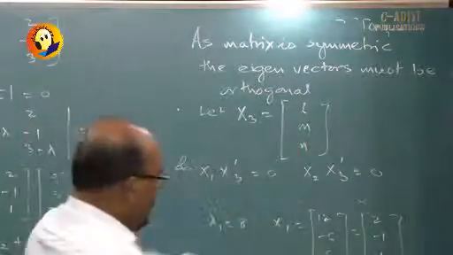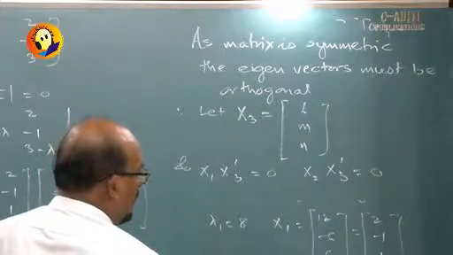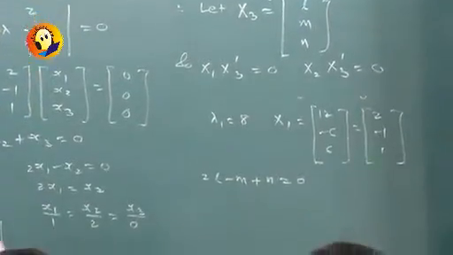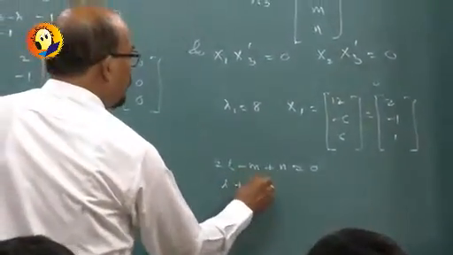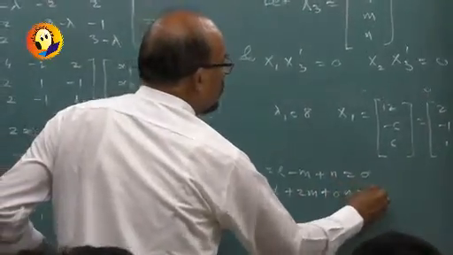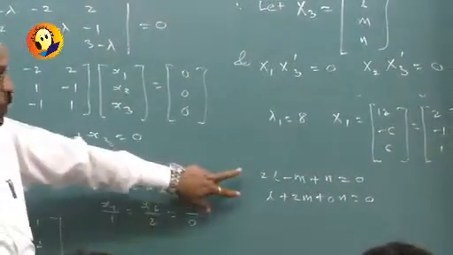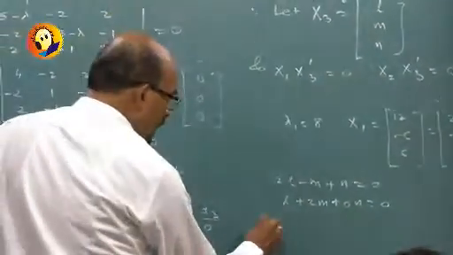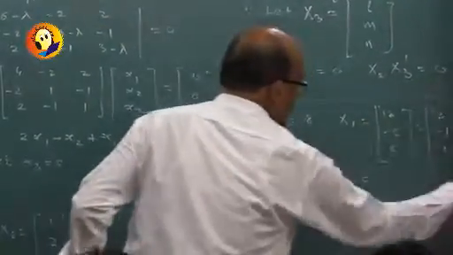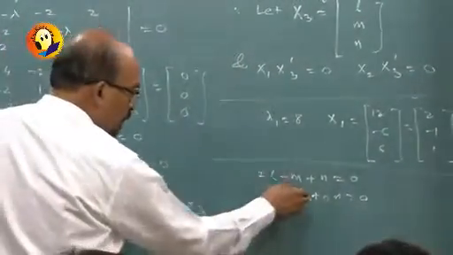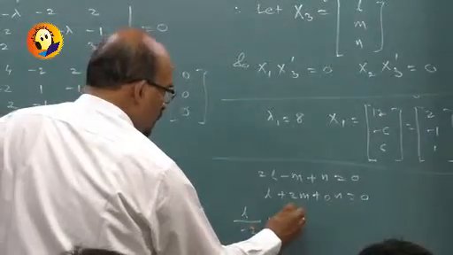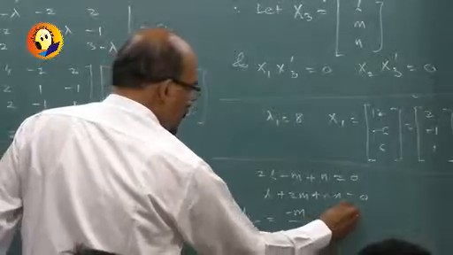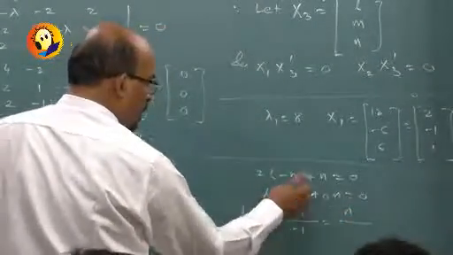So if we multiply, we get 2l minus m plus n equal to 0, and if we multiply this, we will get l plus 2m plus 0n equal to 0, and we again get two equations which are to be solved, and so it comes out to be l upon minus 2 equal to minus m upon minus 1 equal to n upon 5.